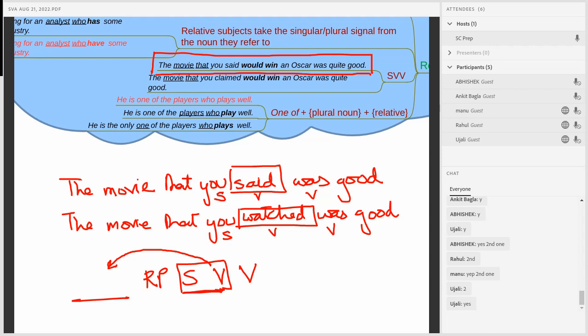In the case of our example, this is how it would work. The first subject verb is you said or you watched. Now take your time and let me know which of these two verbs is capable of being used with the noun that the that is referring to.